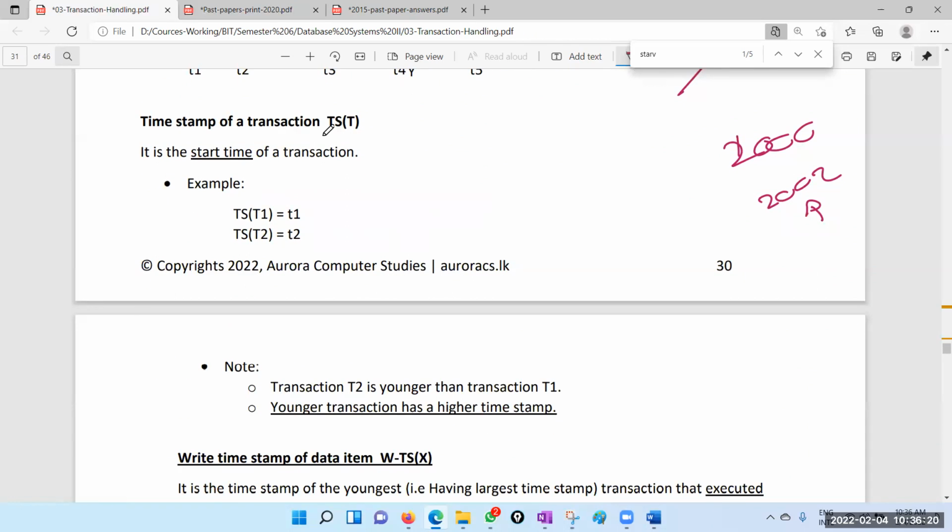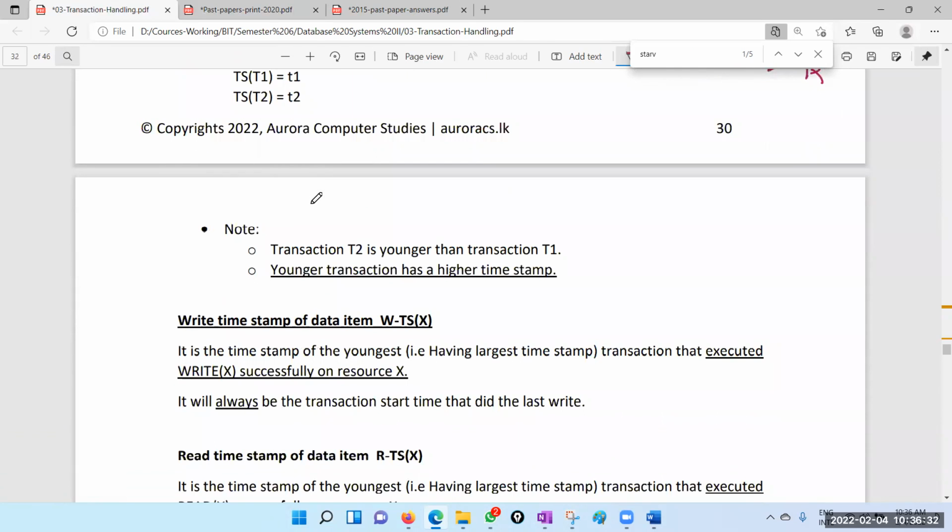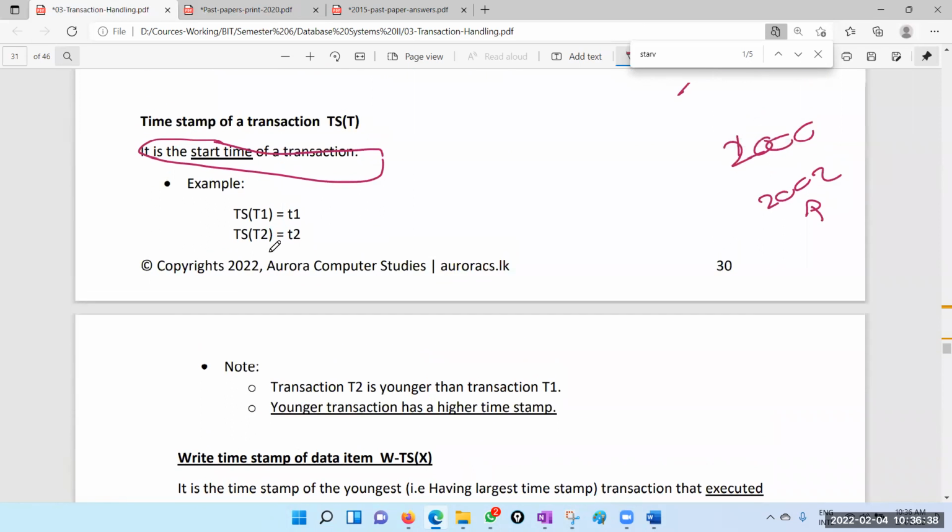The timestamp of a transaction is the starting time of a particular transaction. So every transaction has a timestamp, and the younger one has the higher timestamp. I hope if you have any questions, you ask then and there. Otherwise, those uncertainties will accumulate and after some time it will burst out.